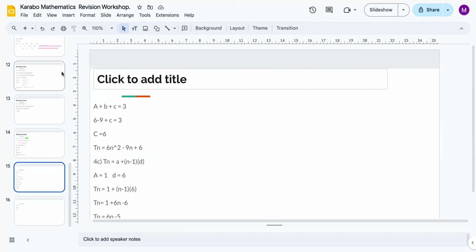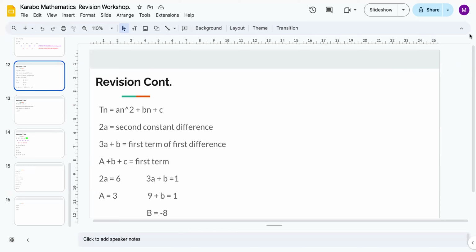So I think this was a mix of the 2023 and 2018 matric final paper. So these are the kinds of questions you can expect in your prelims. These are the kinds of questions you can expect in your finals as well. And you can see that for the majority of the questions, if you know your formula, you know what each sequence means, what it represents, you'll be able to answer the questions and you'll be able to get those marks.